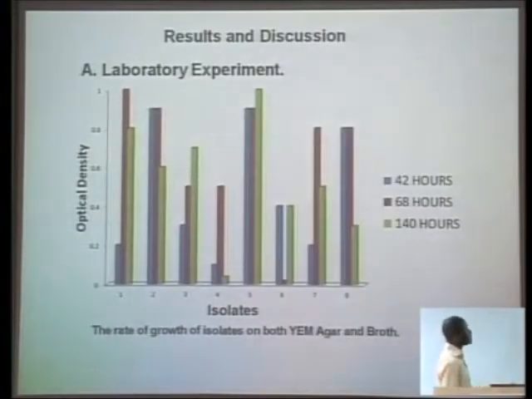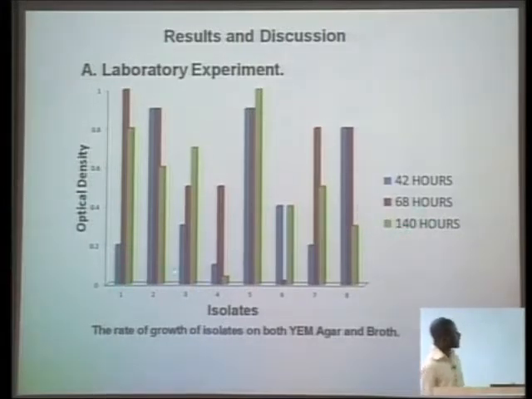In the laboratory, we checked for the growth of the isolates. You can see that isolates 2, 5, and 8 have a similar trend, especially at 42 and 68 hours. But isolate 5 continued to grow at 140 hours, and for isolates 2 and 8 the growth reduced at 140 hours.